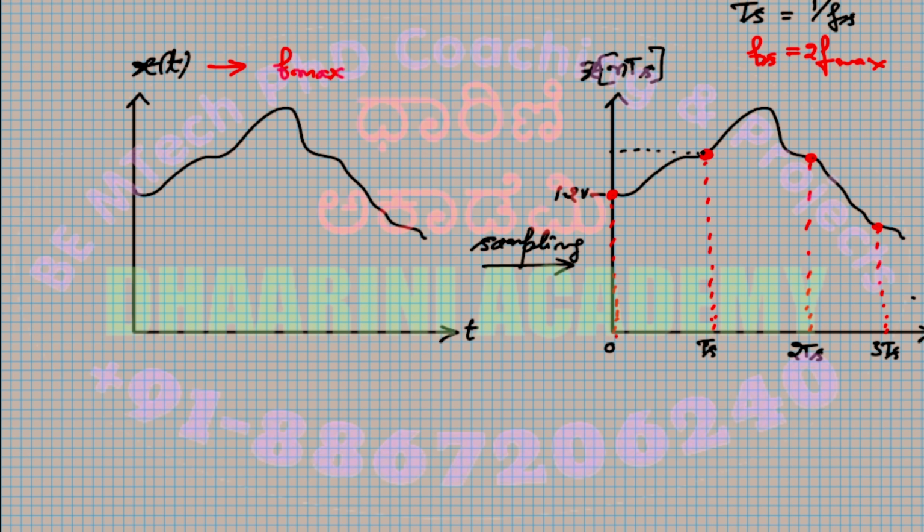Maybe the next value we receive here is 1.5 volts. Maybe you have another sample here, that is maybe 0.9 volts. Let me assume. So these values you get.